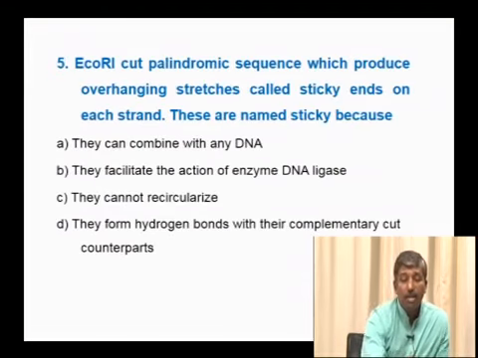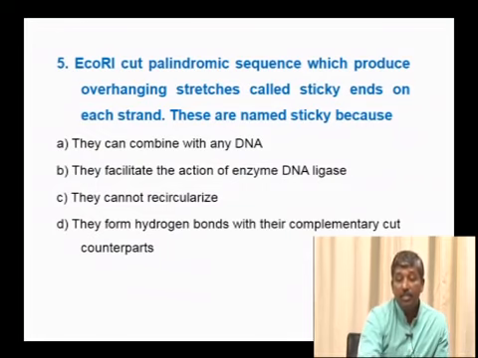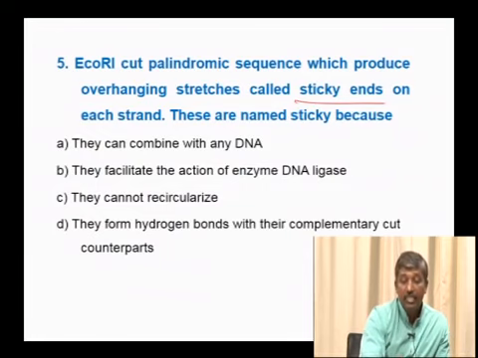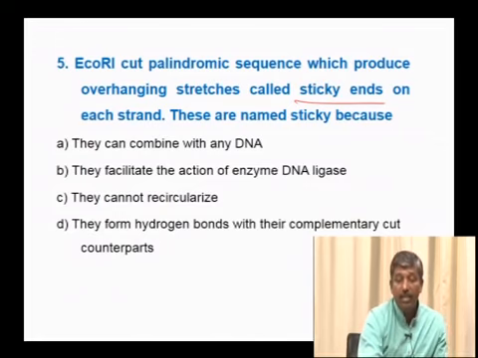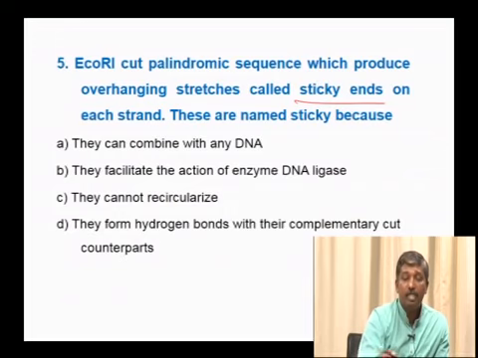EcoRI cuts palindromic sequences which produce overhanging stretches called sticky ends on each strand. They are named sticky, but can they combine with any DNA? No. If they are complementary only then they will combine; if they are not complementary they will not combine. They facilitate the action of the enzyme DNA ligase.